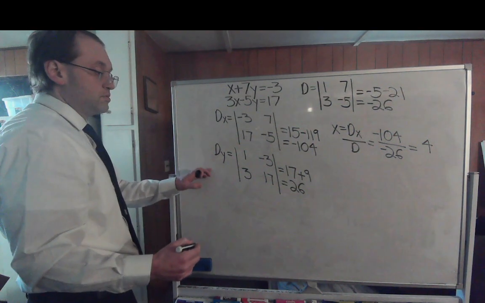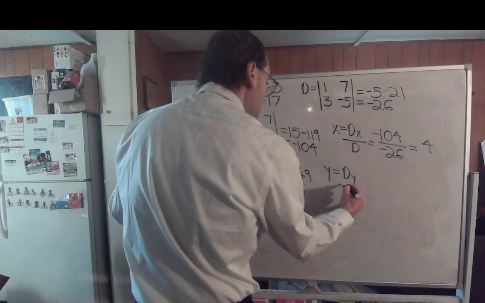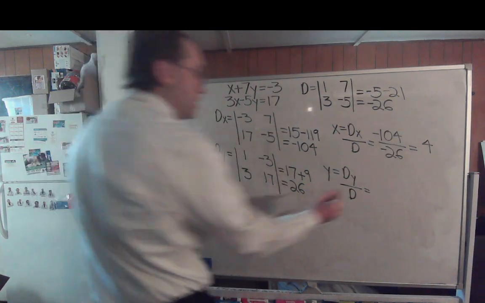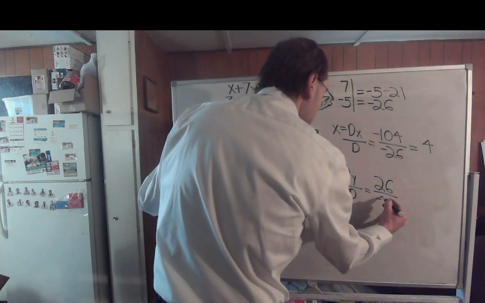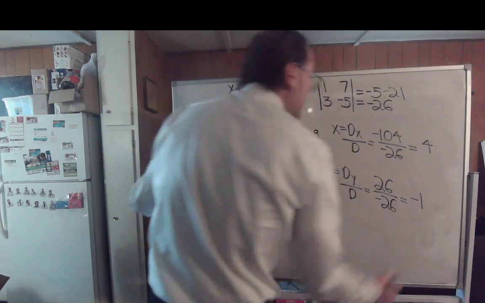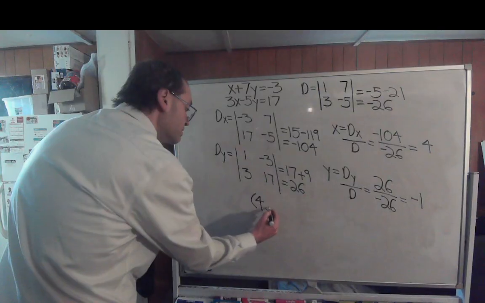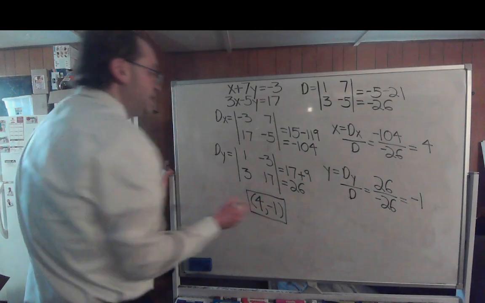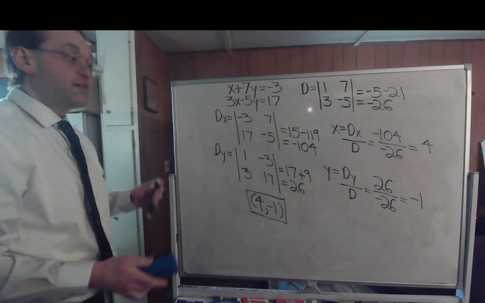So now we can find y by taking that d sub y over the d, which d sub y was positive 26, divided by the d, which was -26. So that would give you a y value of -1. So the ordered pair that ends up being your solution is going to be 4, -1. So 4, -1 would be the solution to this system. I have about 5 more.